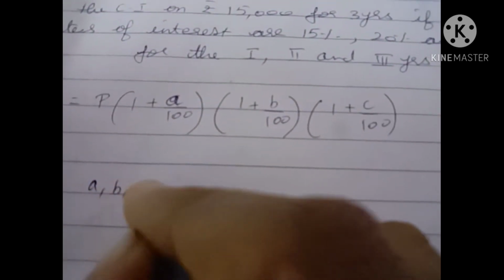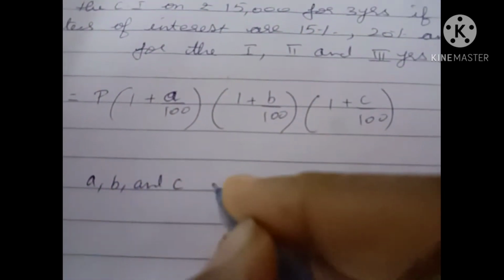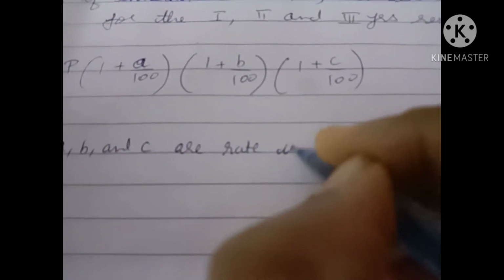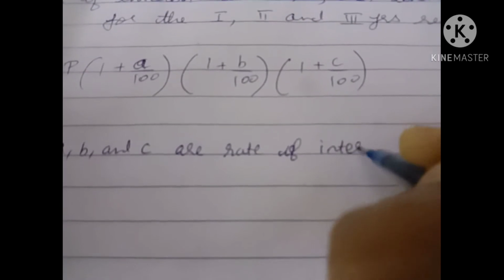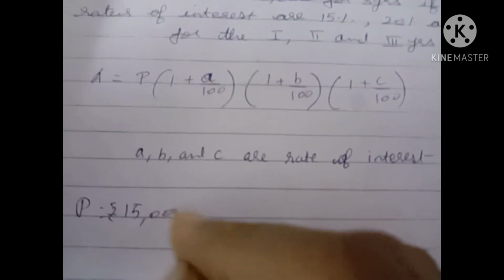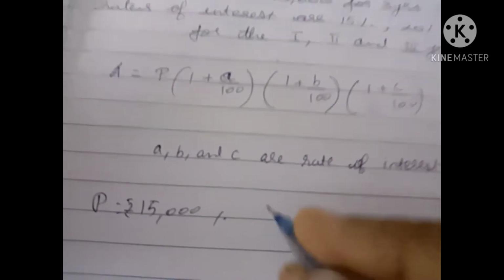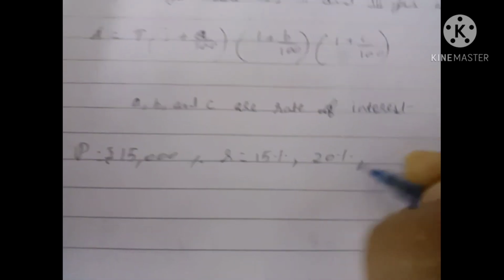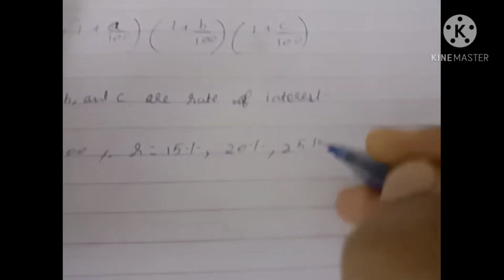Here A, B and C are the rates of interest. P value they gave as rupees 15,000. R is equal to 15%, 20% and 25%.